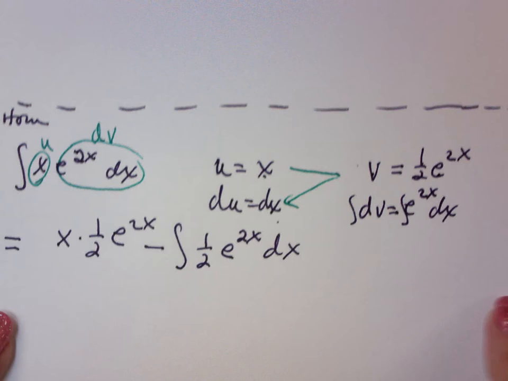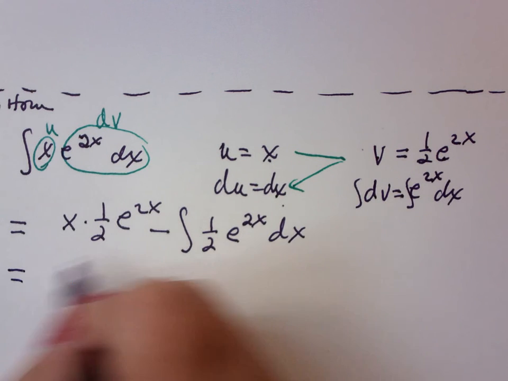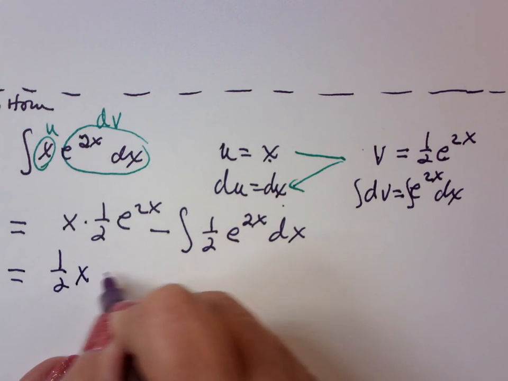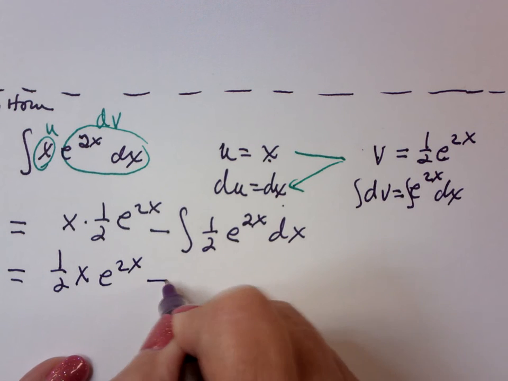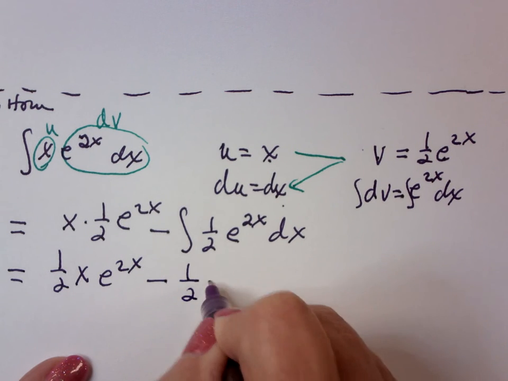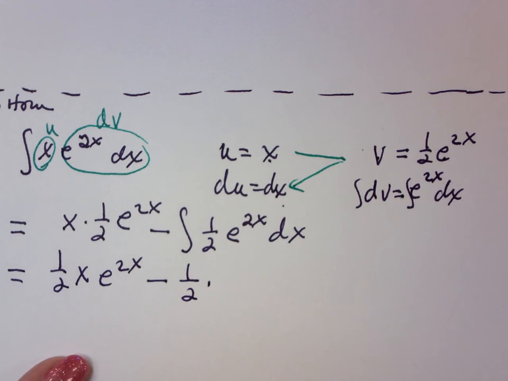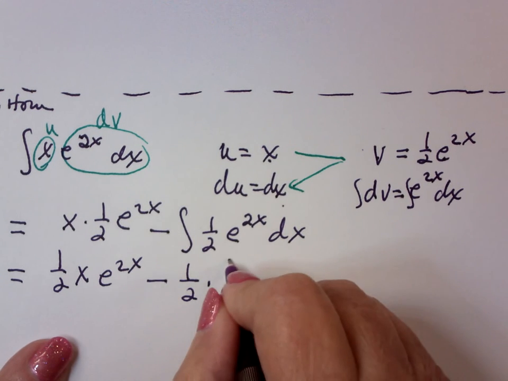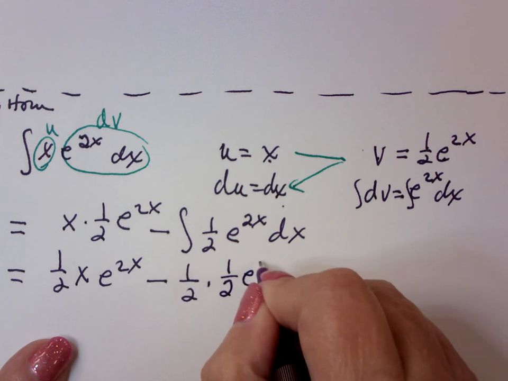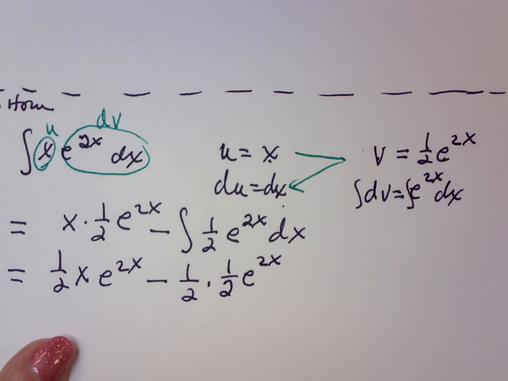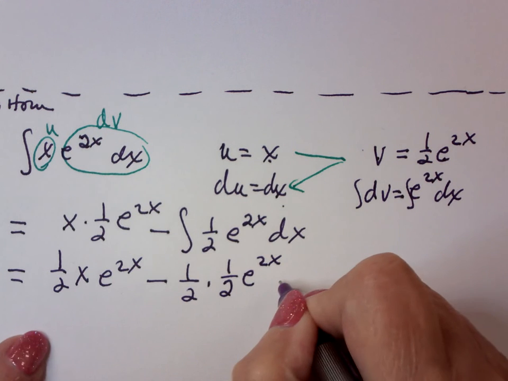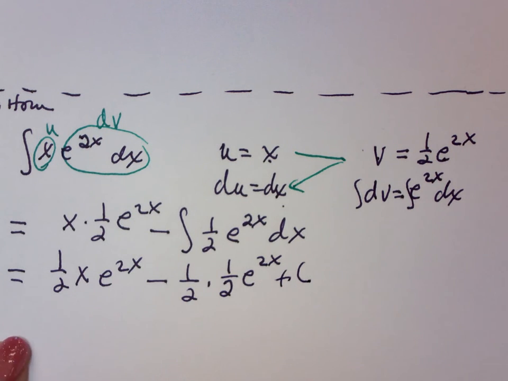So we've finally gotten rid of the x's. So this is 1/2 x e to the 2x minus 1/2 times the integral of e to the 2x, which is 1/2 e to the 2x, e to the kx times 1 over k, plus c.